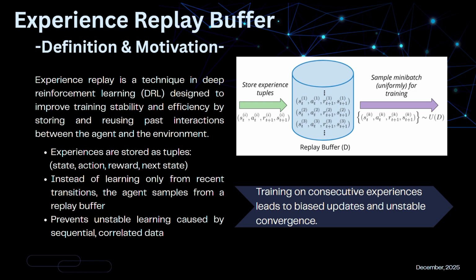Instead of learning only from recent transitions, the agent samples from a replay buffer. This prevents unstable learning caused by sequential and correlated data. The motivation behind it is that training on consecutive experiences leads to biased updates and unstable convergence.